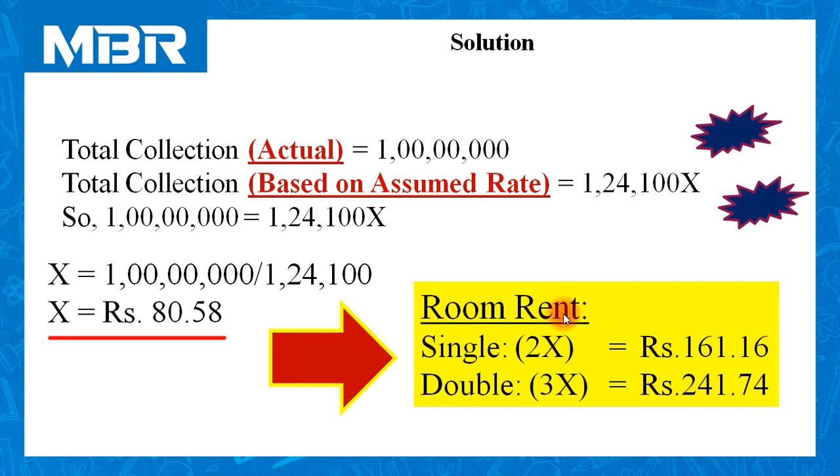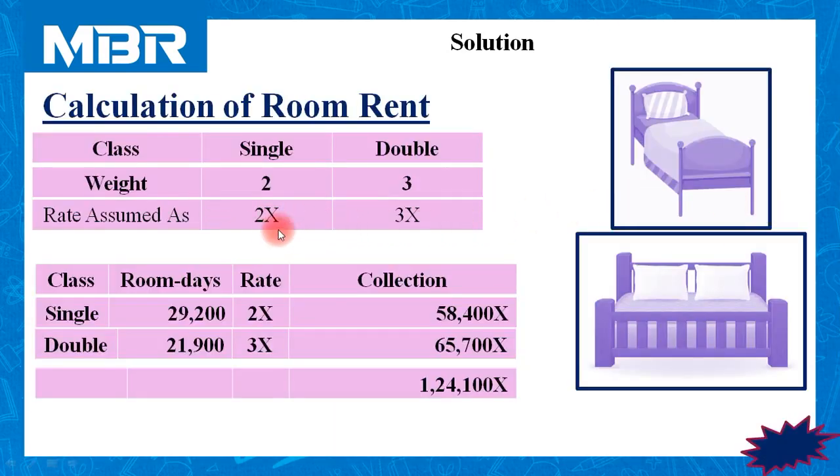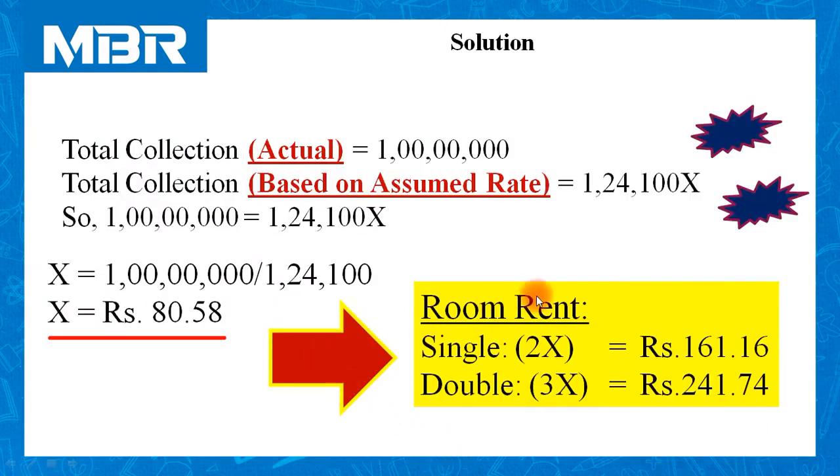For the purpose of calculation of room rent, we need to again follow the assumed rate. The assumed rate for single room is 2x and for a double room is 3x. So using 2x and 3x, we can calculate room rent.